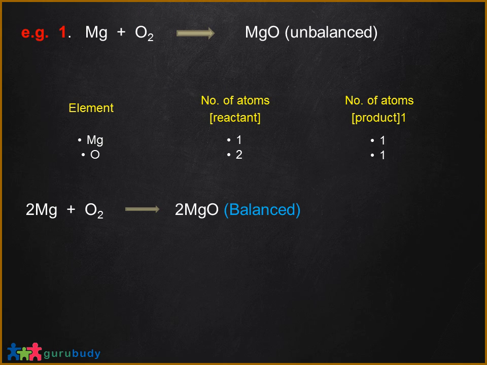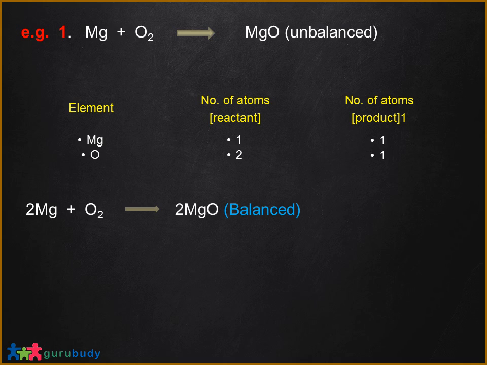It's an unbalanced equation. If I write the element and then the number of atoms in the reactant and the number of atoms in the product, as you can see, for magnesium we have 1 in both reactant and product, but for oxygen, there are 2 atoms in the reactant and 1 atom in the product.